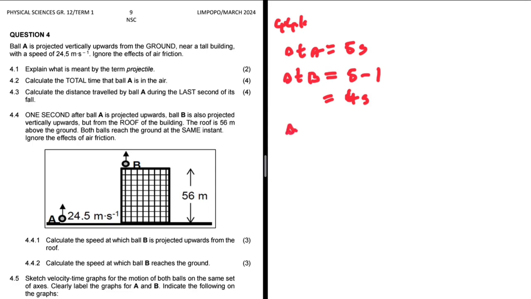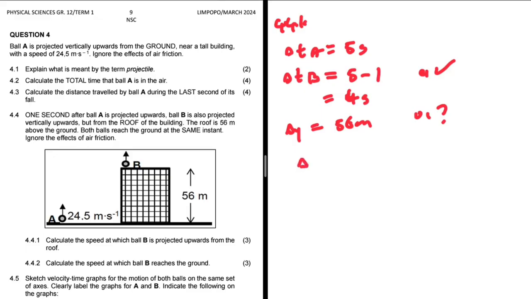We know the displacement should be 56 meters, right, downwards. So we have delta T, we have delta Y. Obviously, we know the acceleration. We are looking for VI. This will be quite easy to do because we have 4 variables, only one is unknown. Let's see.